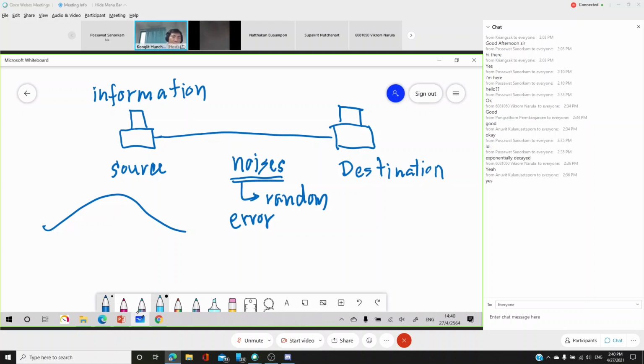So even when we deal with random phenomena, we could still predict and say something about it, very much using probability and statistics.